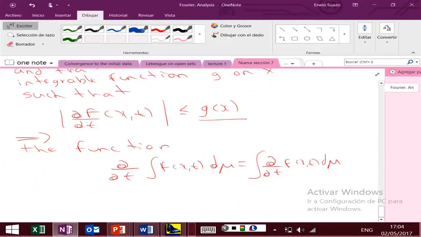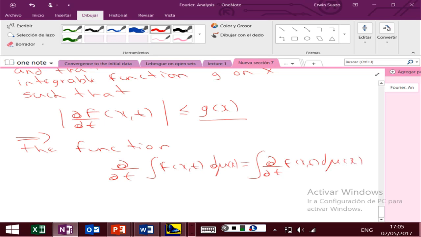We want to interchange the integral with the derivative with respect to time. It's probably easier to understand if I say that this is dx. I have an integral with respect to x, and I find the derivative with respect to time. So I can interchange the derivative with respect to time with the integral with respect to x. Usually, since these theorems we have proven are so powerful, this is true for a general measure.